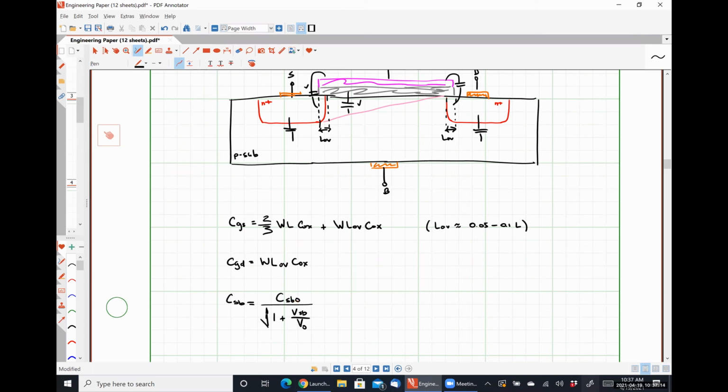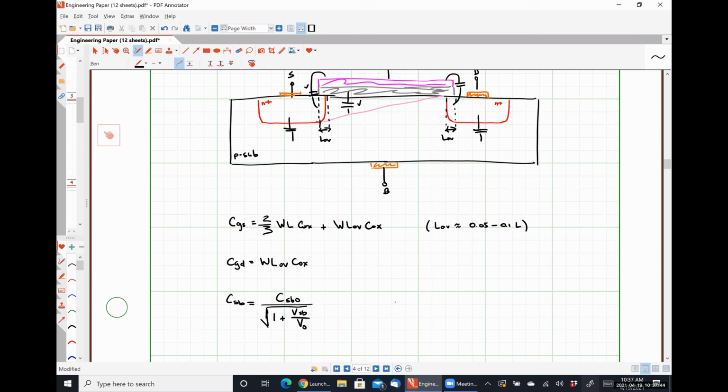You may be asking yourself, why in a MOSFET is it square root instead of that thing raised to the power of m? It's because the way that MOSFETs are built is consistent. It's always a step junction. So literally the way it's fabricated forces that particular grading coefficient to be there for all of our reverse bias junctions.